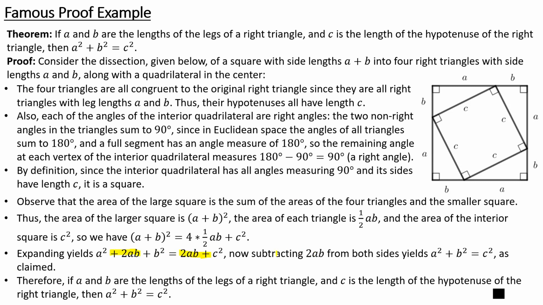So we can subtract 2AB. Well, I didn't prove that we can subtract equal quantities from both sides of an equality to obtain a new equality. At no point did I prove that. That's an algebraic property, but I didn't do that.